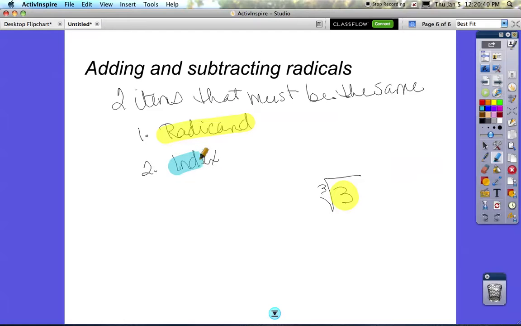The little 3. Okay. So, now I'm going to tell you right now, everything that we're going to be doing is going to be square roots. So you're not going to have to look for something like a cube root of 2 versus a square root of 2. Okay, so let's just remember what we did yesterday.